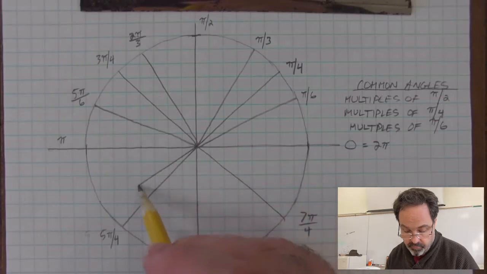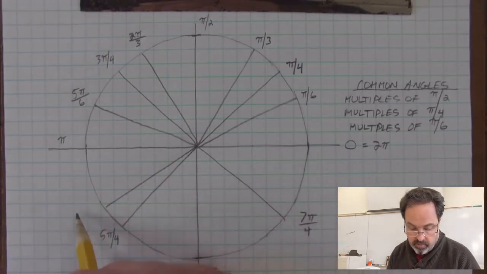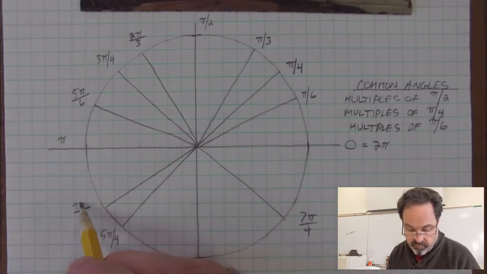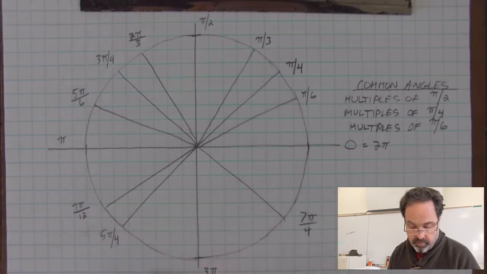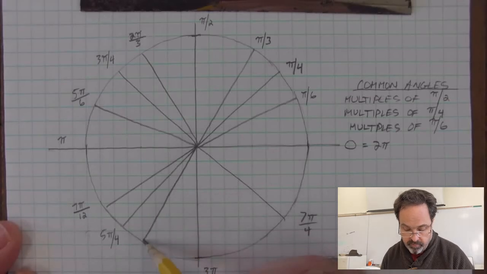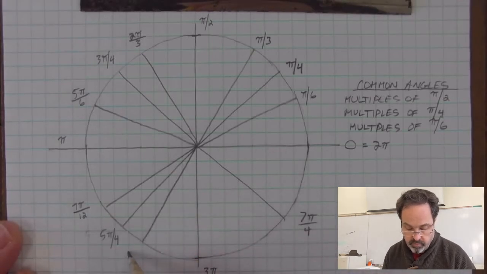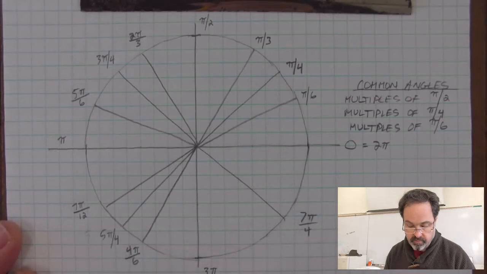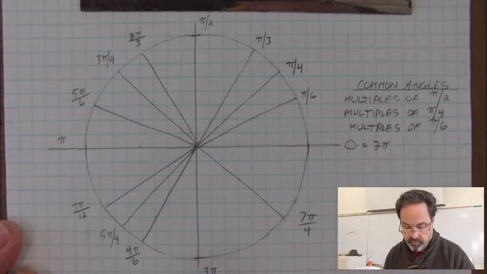In the third quadrant, we have 7 pi over 6, and then 8 pi over 6, which can reduce to 4 pi over 3. 3 pi over 2 is a multiple of pi over 6.